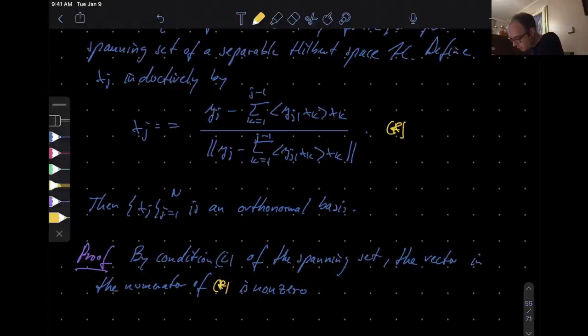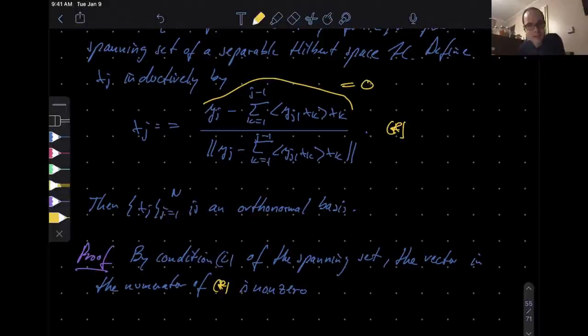Well, suppose this guy here on top were equal to 0, then this means that you can express the y_j in terms of the first j minus 1 x_k, right? Since this is an inductive formula, the x_k is then expressed in terms of the first k minus 1 x_l, and so on and so forth. So if this were 0 here on top, that means that y_j would be in the span of y_1 up to y_{j-1}.